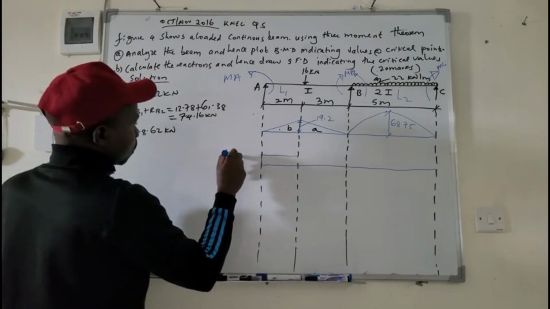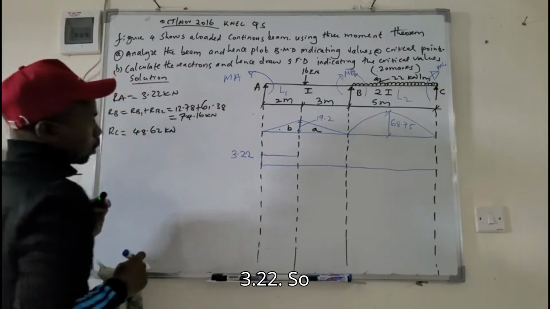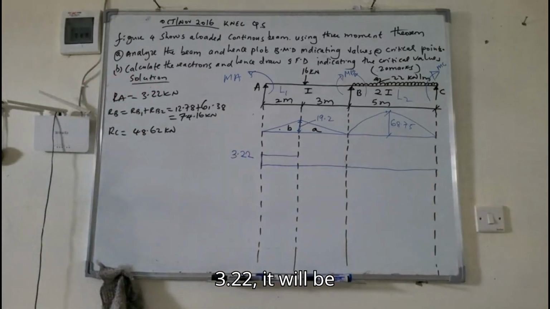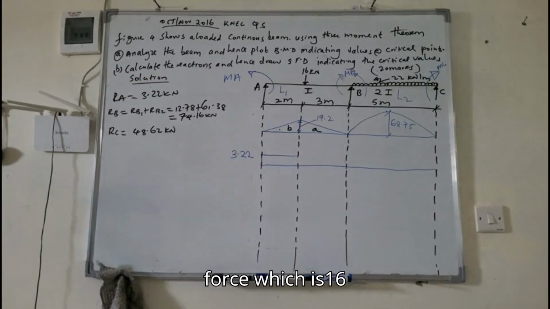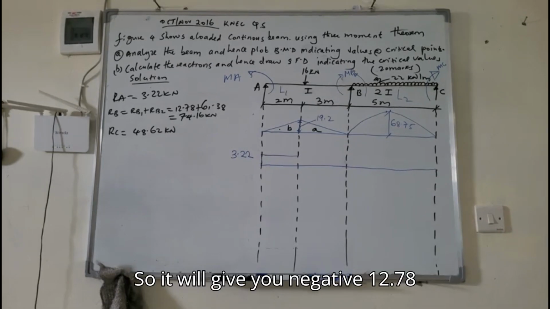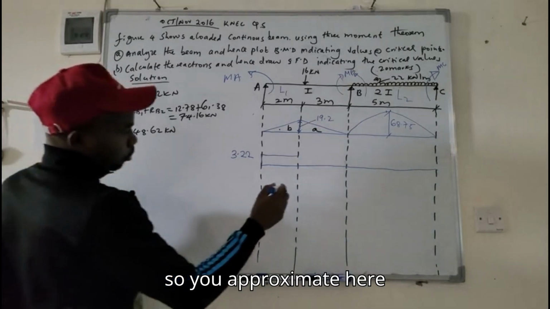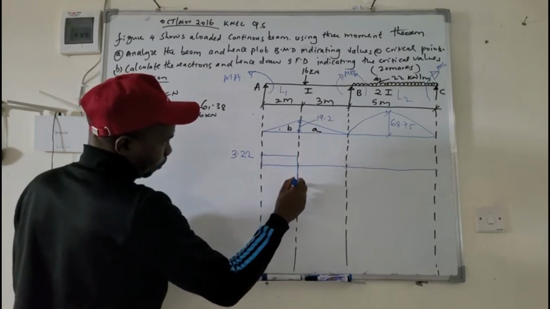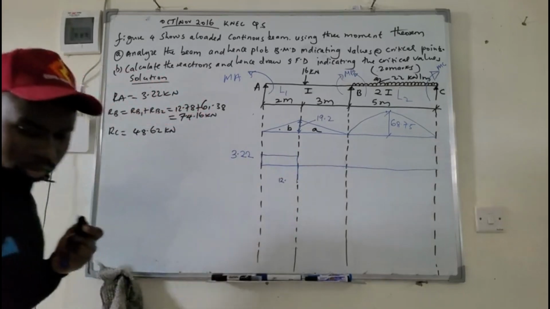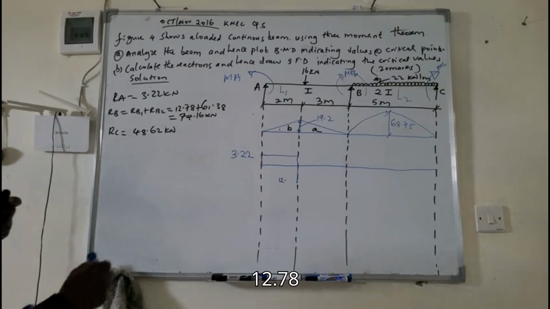So this is 3.22. It will be constant up to the next reaction force, which is 16. So you will take 3.22 minus 16. So it will give you negative 12.78. So you approximate here, 12.78.